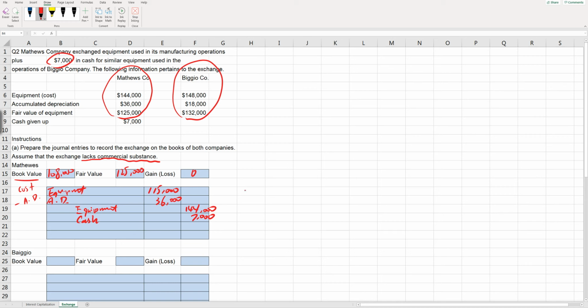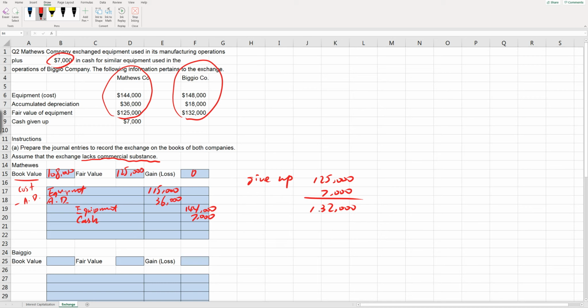So how much we are giving up in this transaction? All these are measured in fair values. The value we give up include $125,000, the old assets, and plus $7,000 cash. So the total value we give up is $132,000.